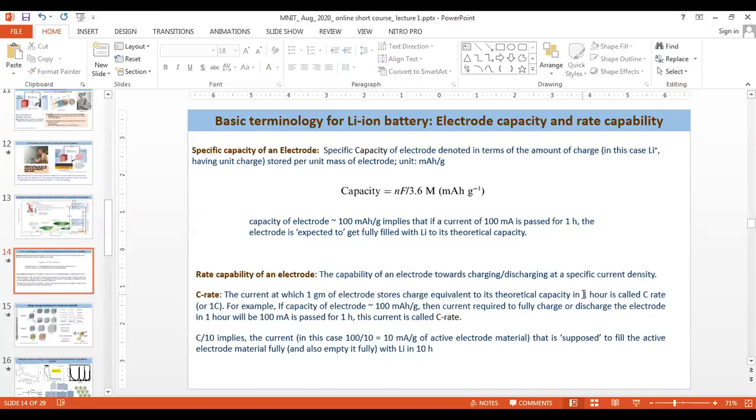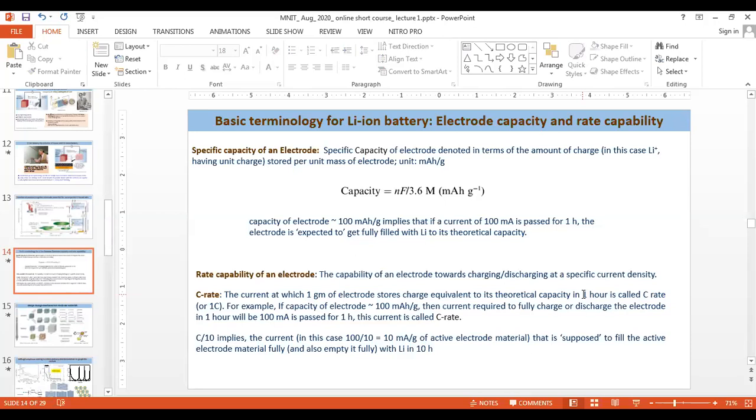So the amount of current applied in this process is equivalent to 1C. Okay. To attain the theoretical capacity of your material for 1 gram in 1 hour, the required amount of current is equivalent to 1C, like that is the C rate of your material. Okay.